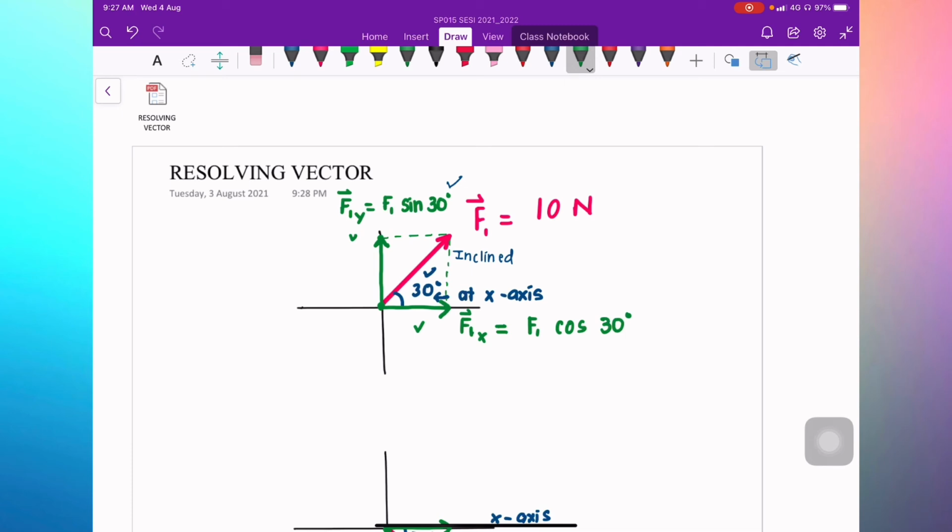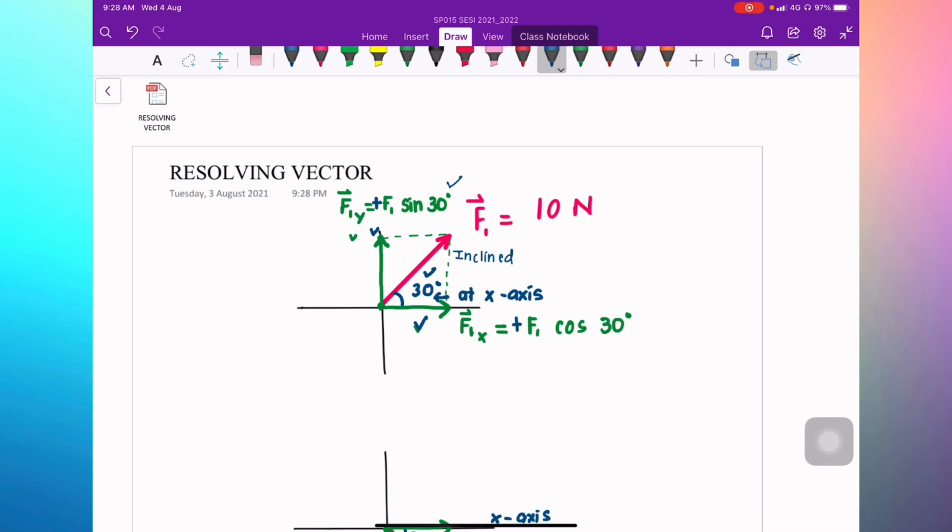Next, we need to check the direction, either positive or negative. By looking at the green arrow here, it points upward, so the direction becomes a positive sign. For the x-axis here, the green arrow is to the right, so this direction should be a positive sign.